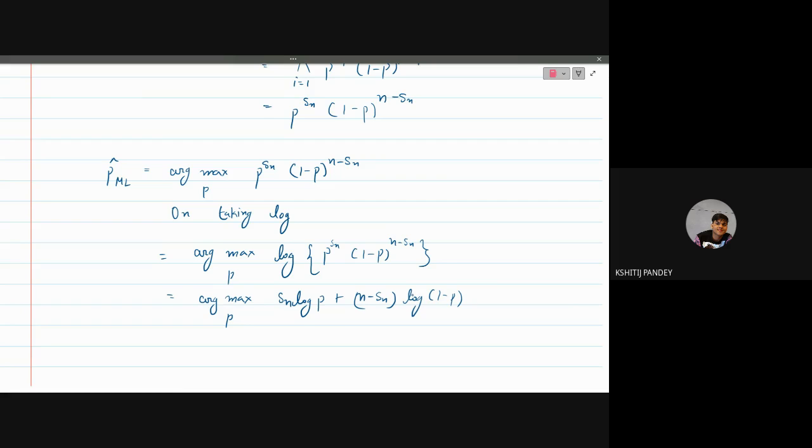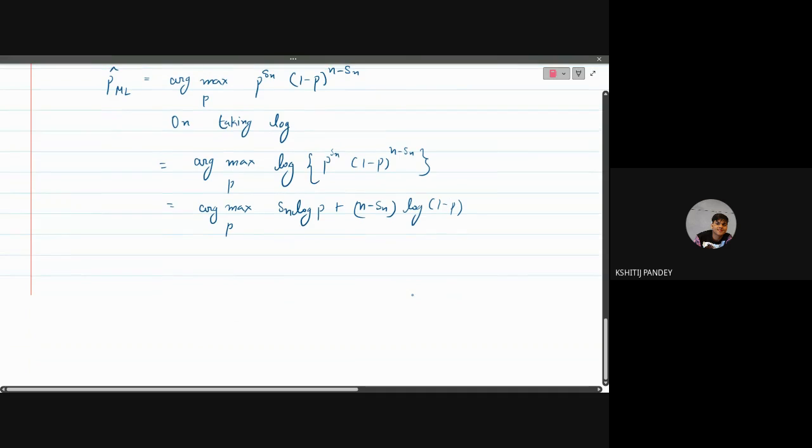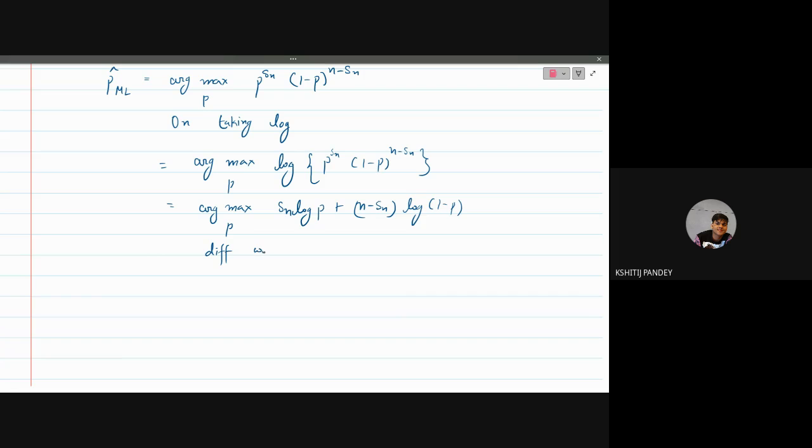Now we just have to find the value of p. So what we'll do, we will differentiate this with respect to p and equate it to 0. On differentiating with respect to p, what we get?